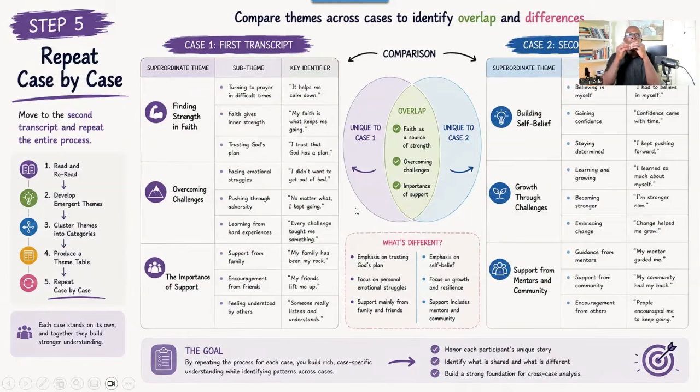So what you are doing is examining each of them, comparing each of the main themes across the cases or across participants. And then you can also compile all the overlapping themes, which are the superordinate themes, right? And then the ones that are different.